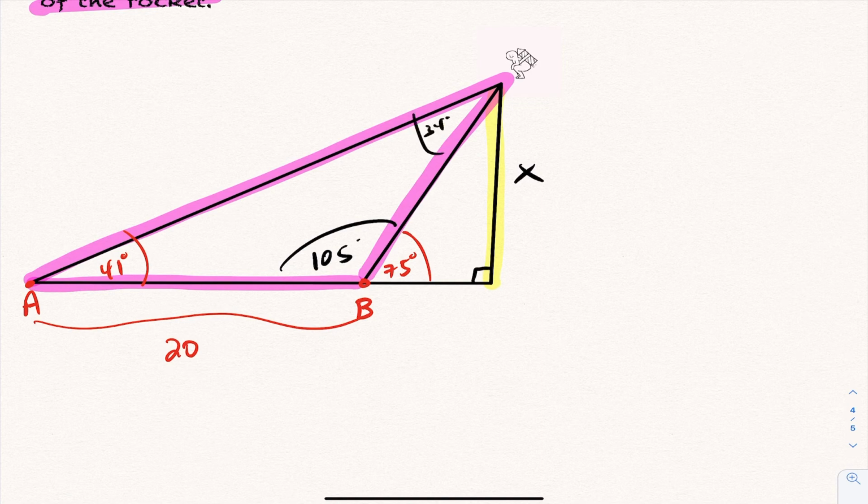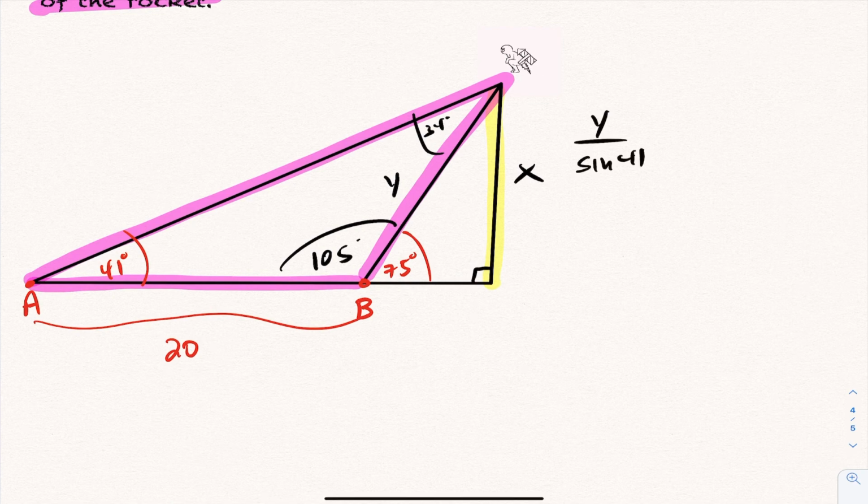So I'm hoping I can use the sine law on this. What I want to do is, if I can find this length here, let's label this with a y. If I can find this length right here, then I can use this length plus my angle of 75 degrees here. Using my sine and cosine ratios, I can actually solve for the length of x. So let's go ahead and do that. Using the sine law here, we have y divided by the sine of 41 degrees.